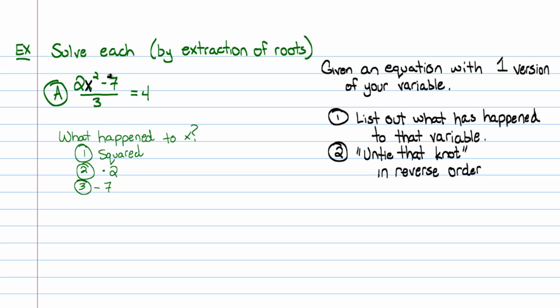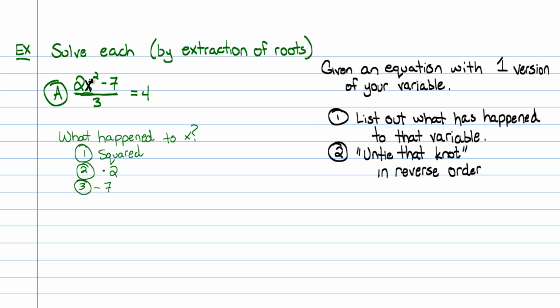And remember, the order of operations says that if you have a fraction bar in your expression, a fraction bar is essentially a grouping symbol. It groups the numerator separately from the denominator. So we're essentially taking care of the numerator first. So x gets squared, it gets multiplied by 2, then it gets subtracted from by 7.